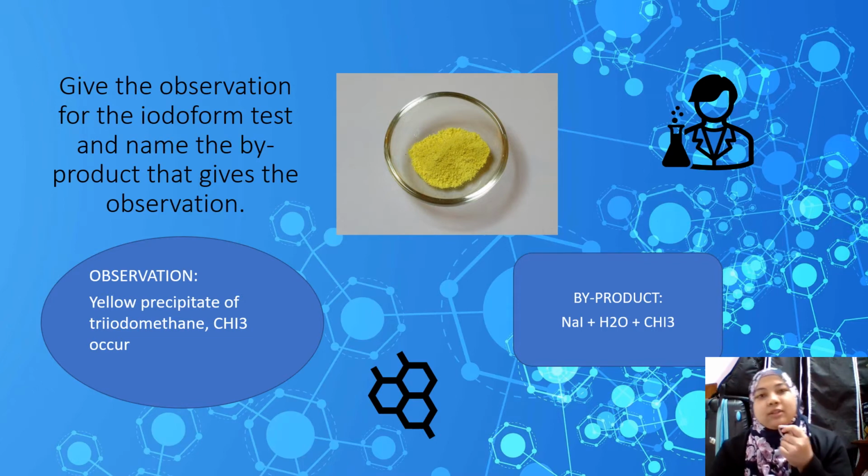For this test, a yellow precipitate of triiodomethane, CHI3, occurs. As you can see in this slide, I put an example of the yellow precipitate, and the byproducts for this test are sodium iodide, water, and also triiodomethane, CHI3.